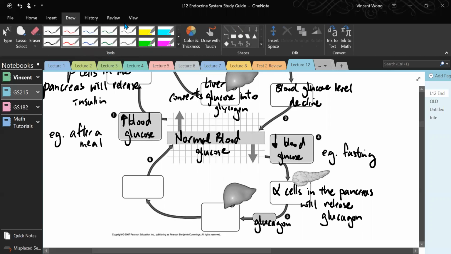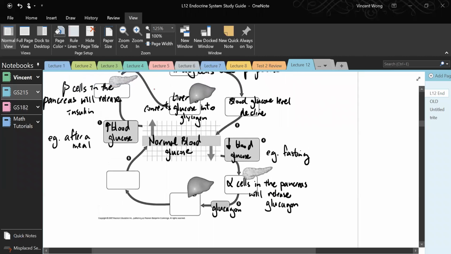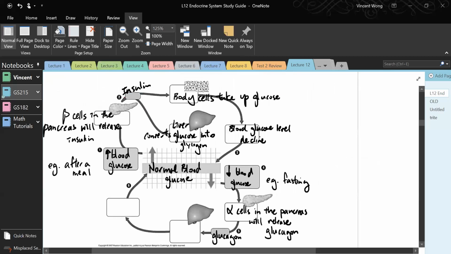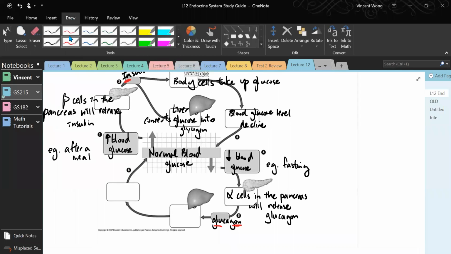And again, to help you remember it, when there is an increase in glucose, you need insulin. When glucose is gone, not enough, you need glucagon to bring it back up. So what does it do?